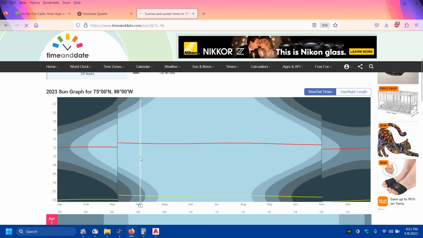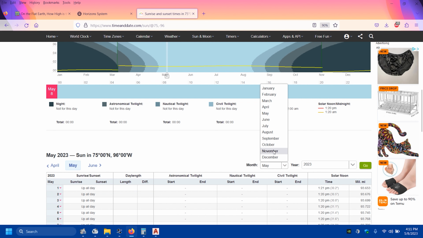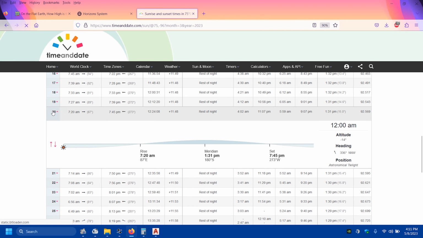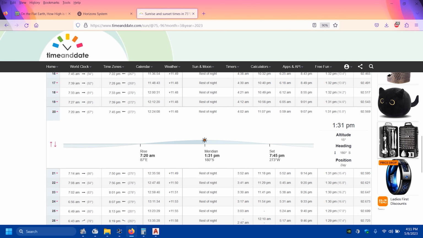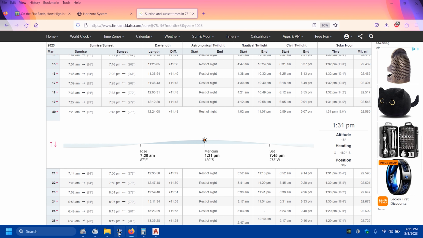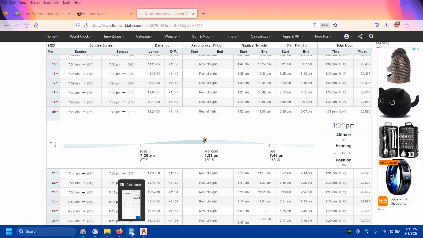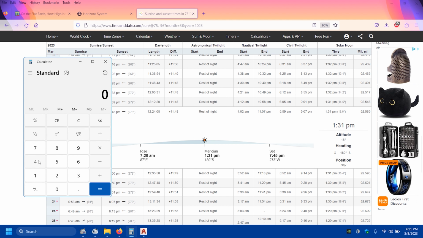Let's see what that is on March 20th. So it's at 15 degrees. And so at 75, or 90 minus 75 north latitude equals 15, and that's what you have right here.